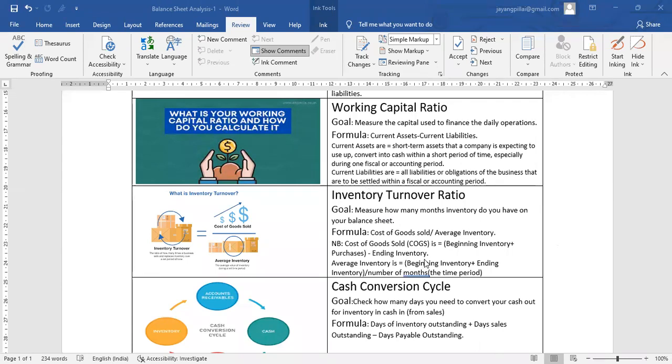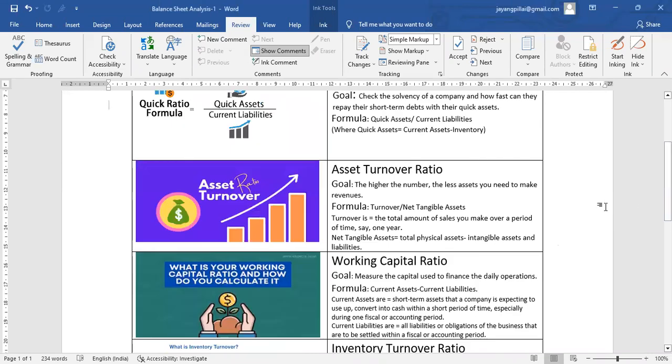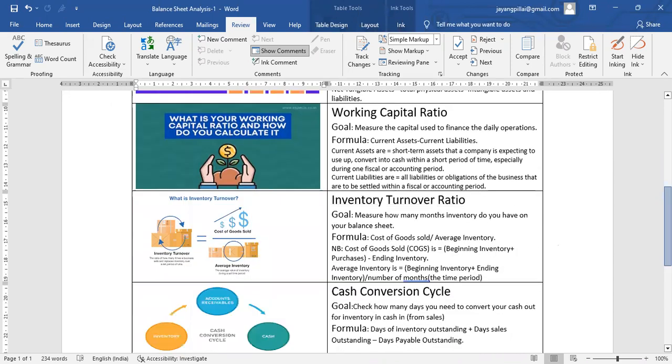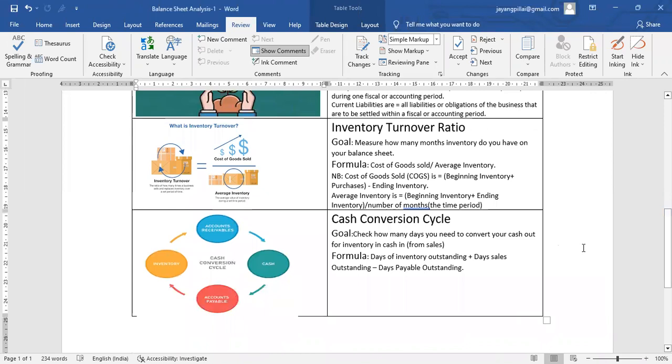And the last but not the least is the cash conversion cycle. Cash conversion cycle is used to check how many days we need to convert the cash spent on inventory back into cash. The formula is days of inventory outstanding plus days sales outstanding minus days payable outstanding.